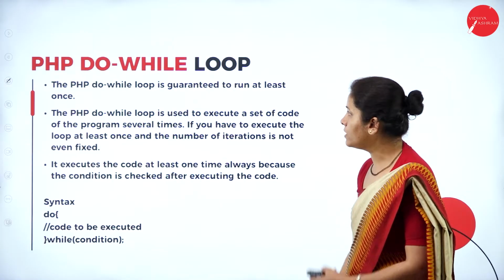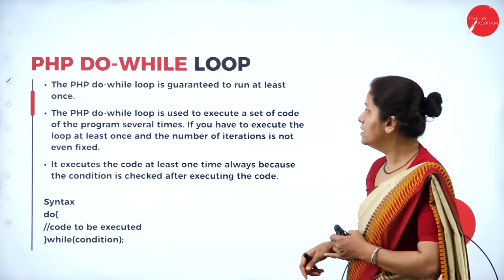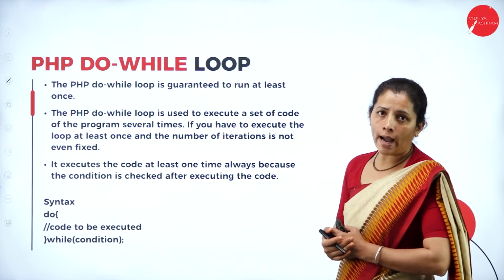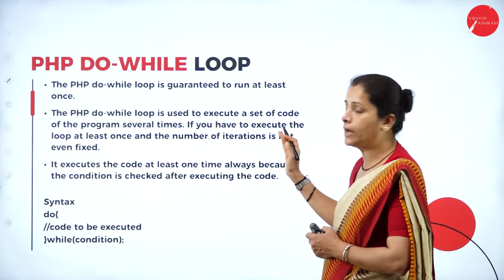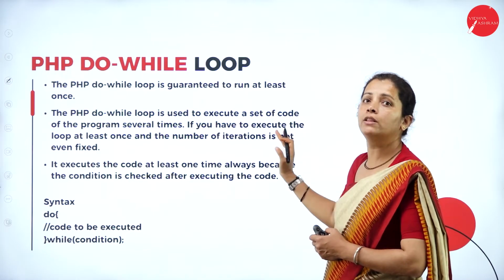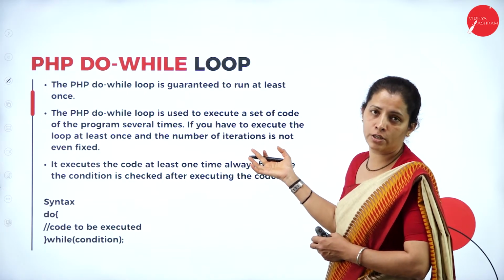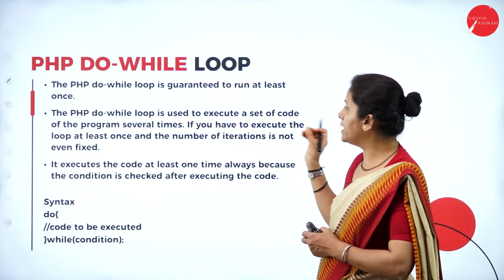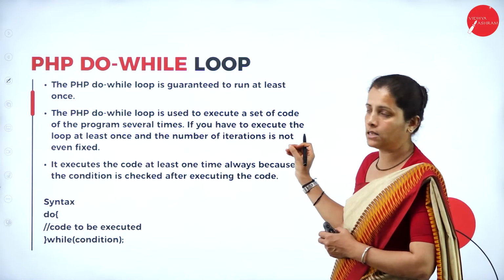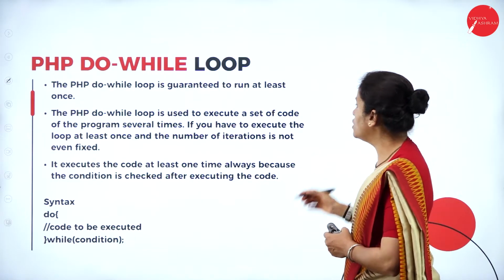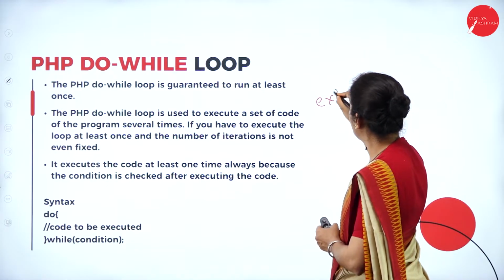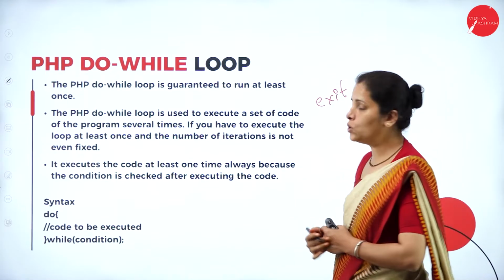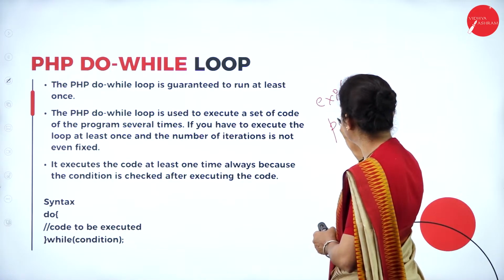Now, I have the do while statement. The do while statement is going to guarantee that it will execute at least one time, whether the condition is true or false, it won't matter. But still it's going to execute at least once. This is also called by the name exit control, or post-testing.